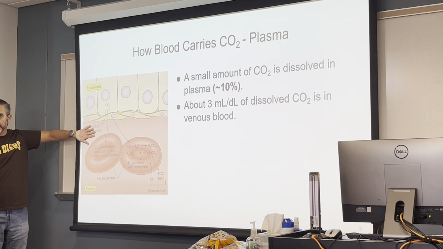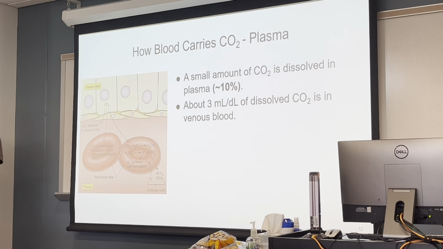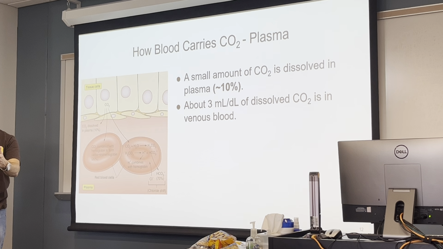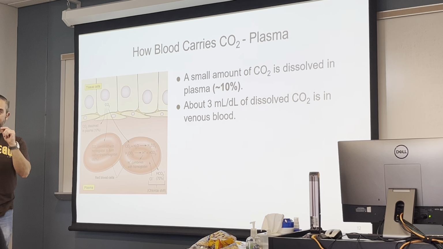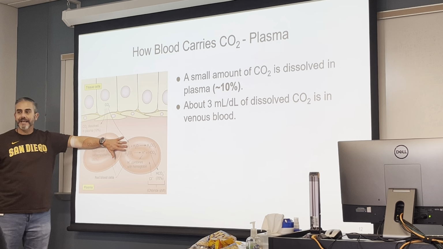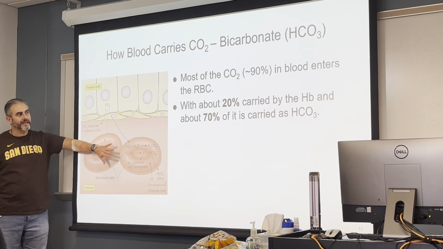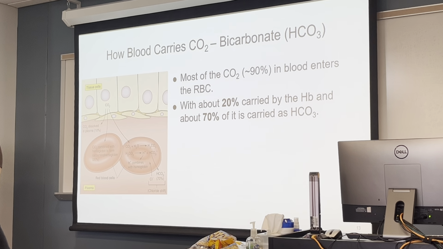Everybody okay with that one? What percentage? 10% of CO2 is dissolved in blood plasma. So if 10% is taken, what's left? 90. 90% of the CO2 then will enter the red blood cell.